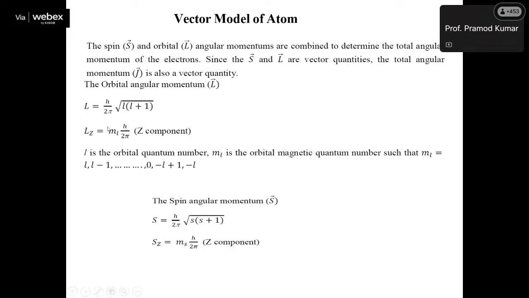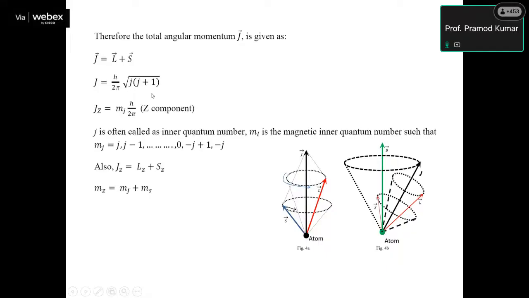As you know, L equal to root of l(l+1) h cross, and Lz equal to ml h upon 2 pi, the z component. Similarly for S, it is root of s(s+1) h cross, and Sz equal to ms h upon 2 pi. Then we can calculate the resultant, J equal to L plus S, where J equal to root of j(j+1) h cross, and Jz equal to mj h upon 2 pi.